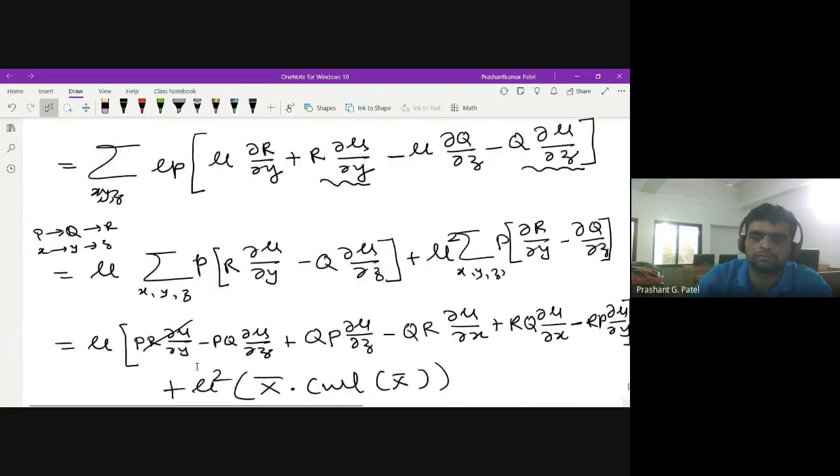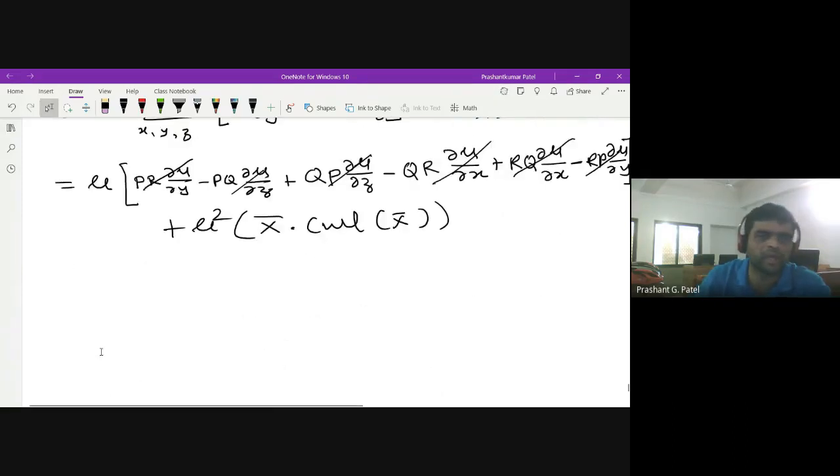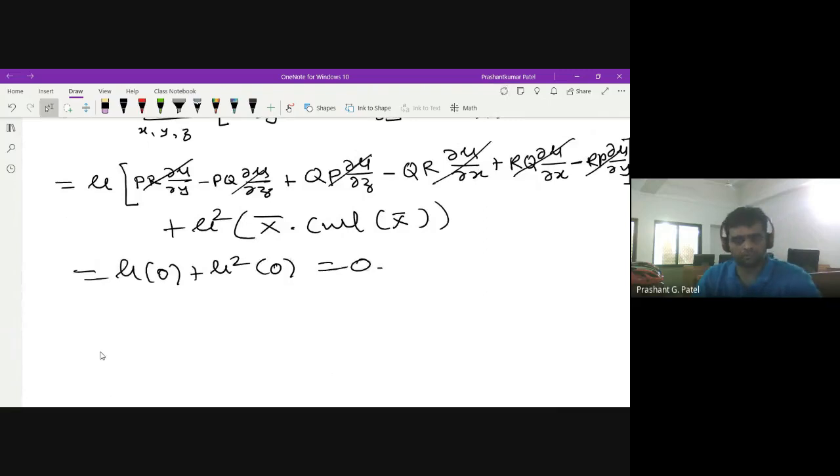The last terms cancel, the PQ and QR terms cancel. So this will be 0. x̄ · curl x̄ is already given as 0. So finally you will have μ times 0 plus μ² times 0. So you have the answer 0. That was our objective to prove.